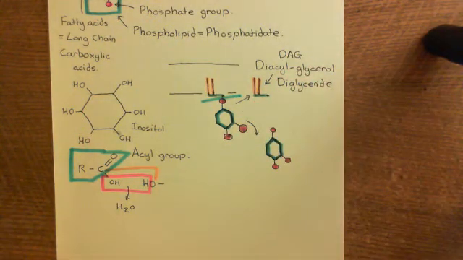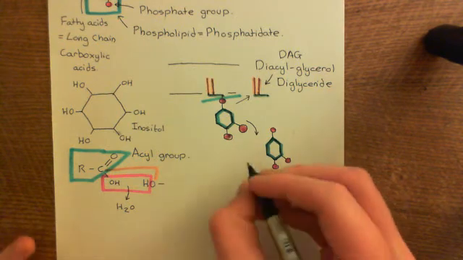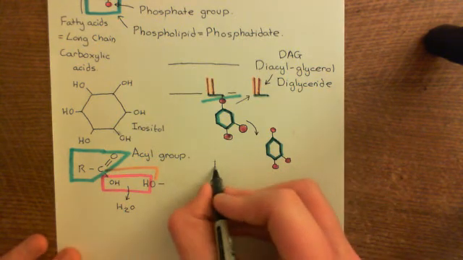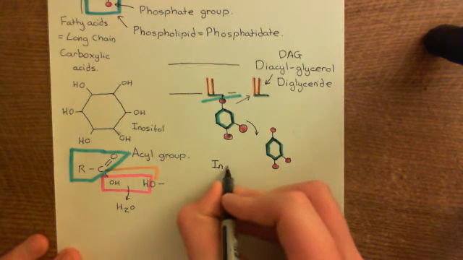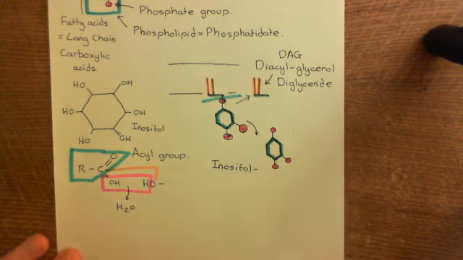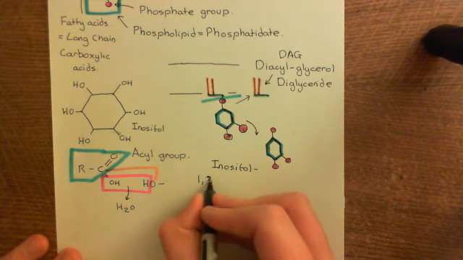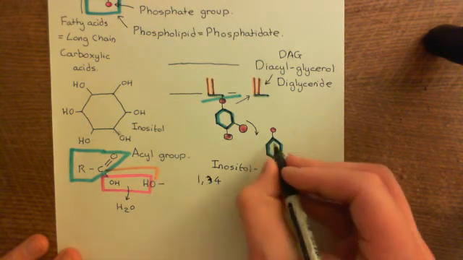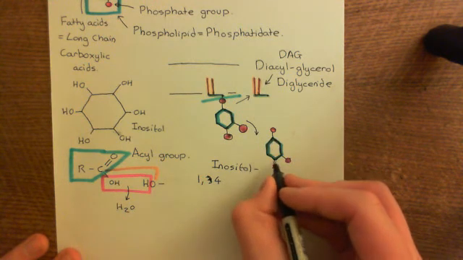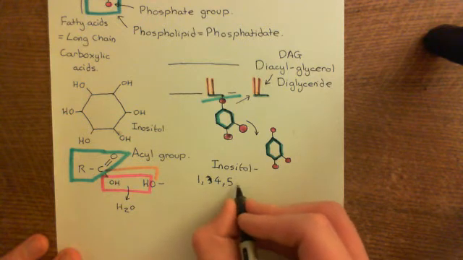Right. The other molecule you produce is released into the cytoplasm of the cell, and this is what's known as inositol, because it's an inositol ring, and then it's got three phosphate groups off it. So it's 1, 4, because we've got the phosphate off the first carbon, a phosphate group off the fourth, and finally a phosphate group off the fifth.